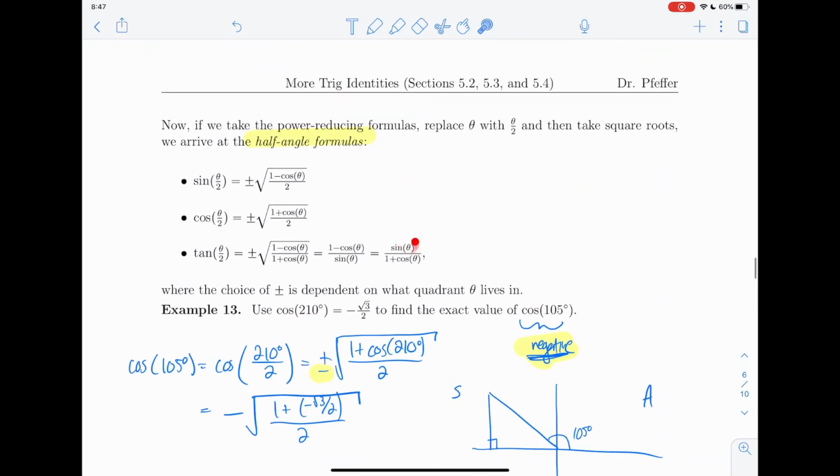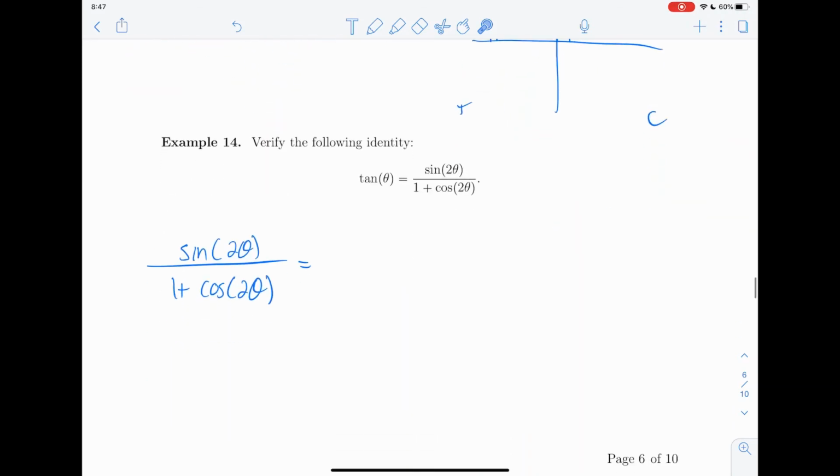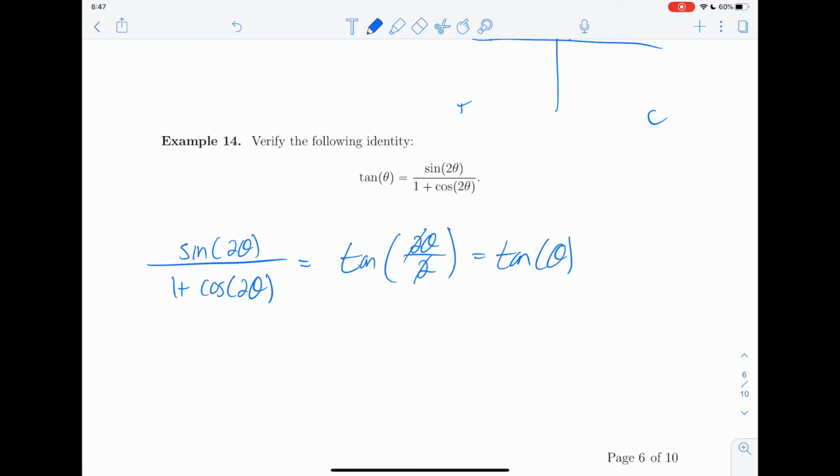So thinking of this theta as a 2 theta, this expression will be equal to the tangent of 2 theta over 2, which those will cancel, and I'll just get tangent of theta, which is what I wanted.